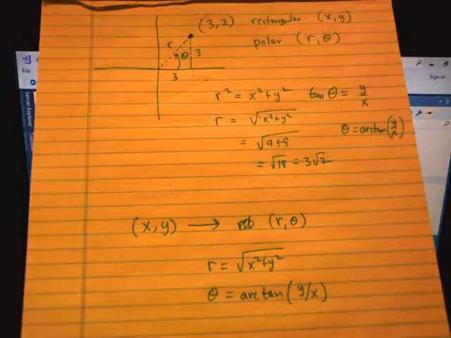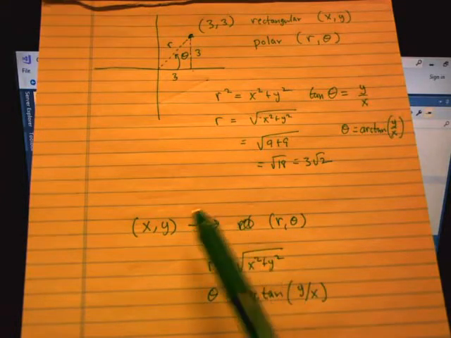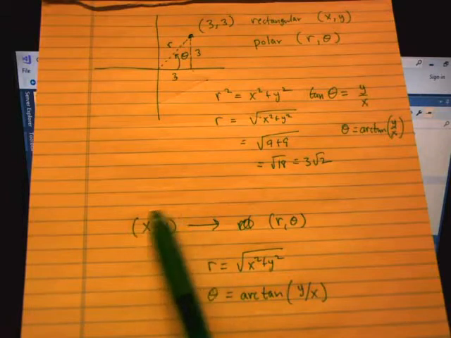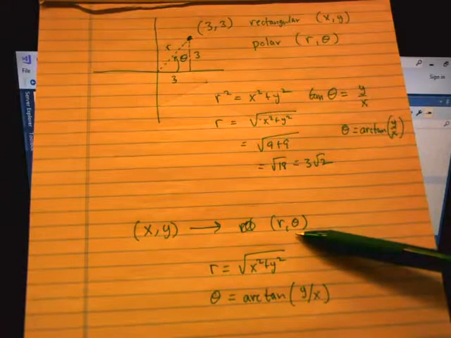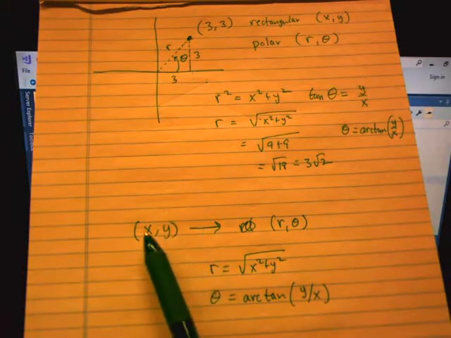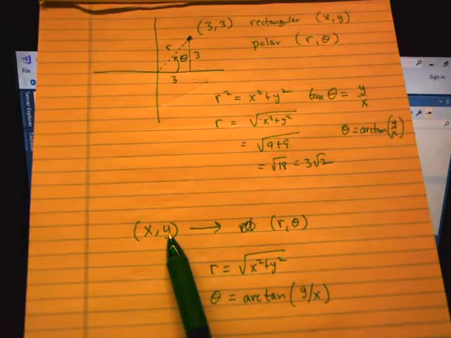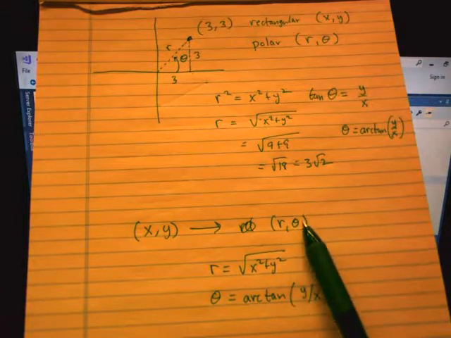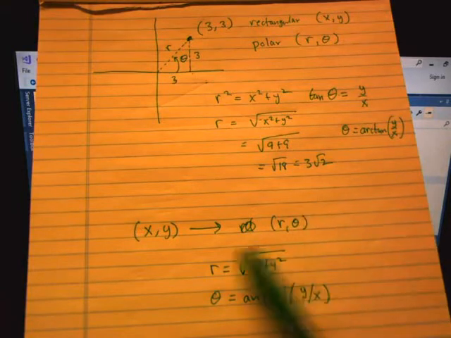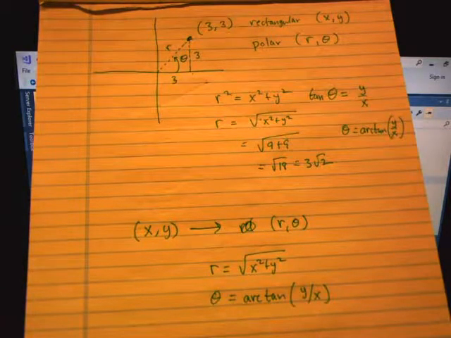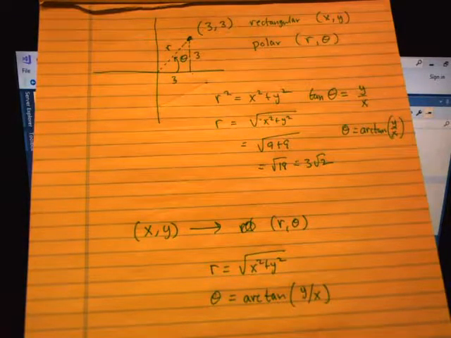So if I were writing a program where a person entered a point in rectangular form and I wanted them to get the point in polar form, I would probably write a function that had two value parameters. It would send x and y, and have two reference parameters that would return r and theta. And I would do that in one function. I would have one function that computes both r and theta and sends them both back at once. So quite often it makes sense to return multiple things at the same time rather than writing two different functions to return two different things.